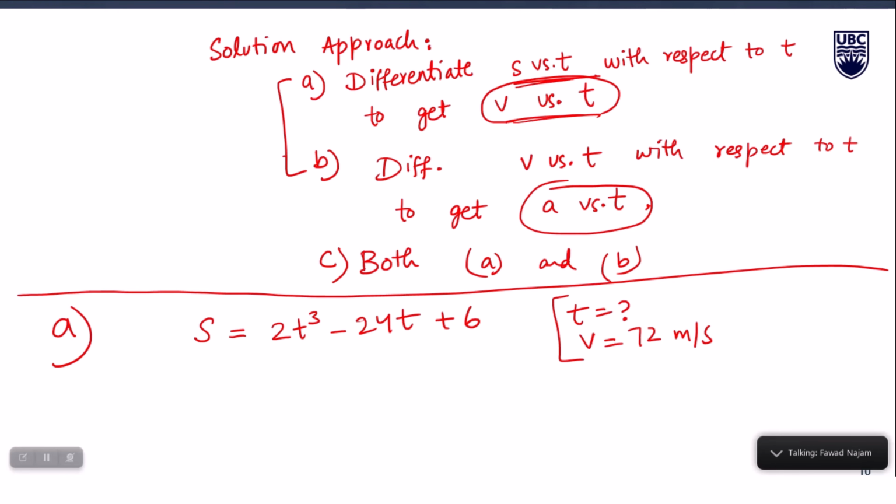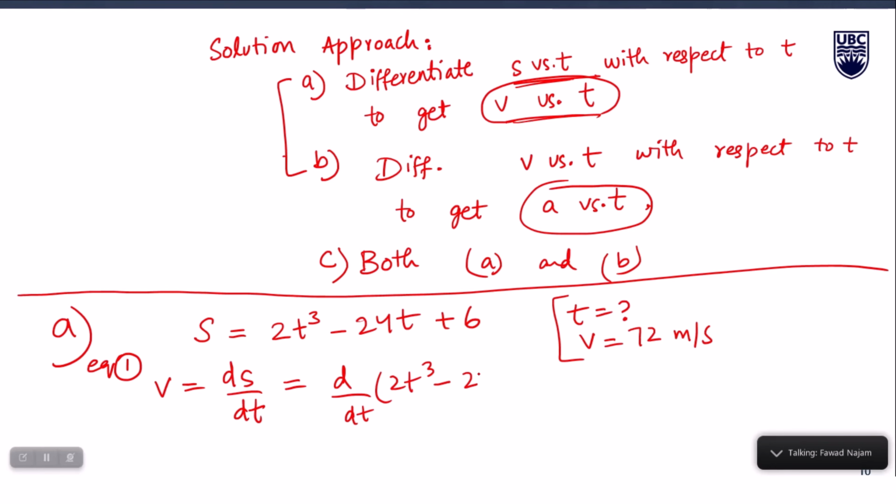So let's do that. V will be equal to ds over dt, or we can also say using equation 1, which is equation 1 from what we discussed previously. So that will be d by dt of 2t cube minus 24t plus 6, right?